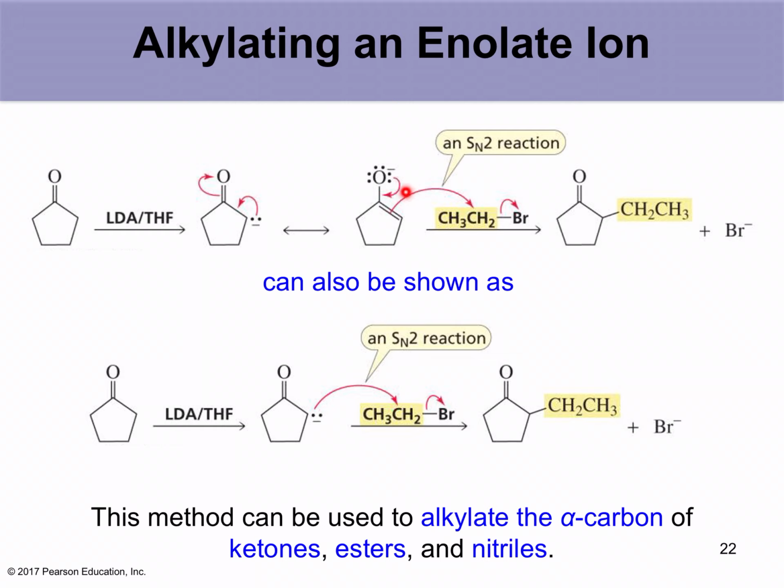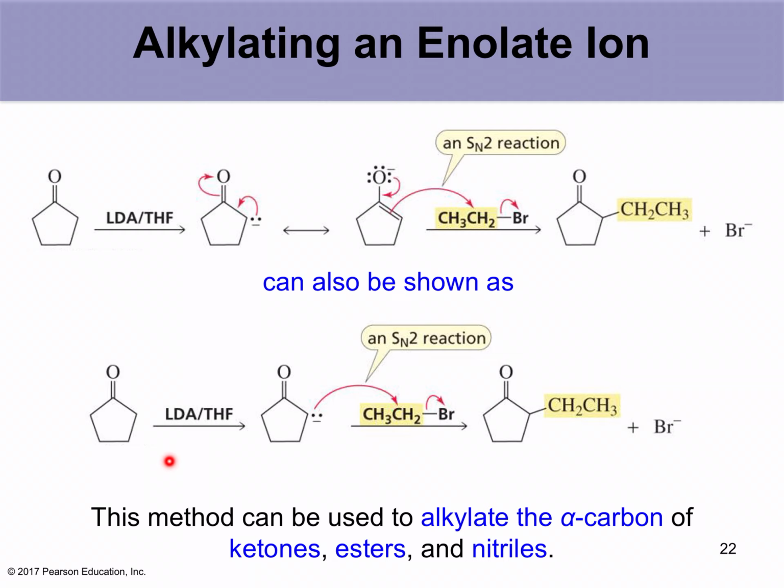The lone pair gives its electrons to form the carbon-oxygen pi bond, this pi bond breaks and gives its electrons to form a bond with the primary carbon, and bromine leaves. So we can add an alkyl group onto the alpha carbon by replacing the alpha hydrogen. This reaction happens as an SN2 reaction.